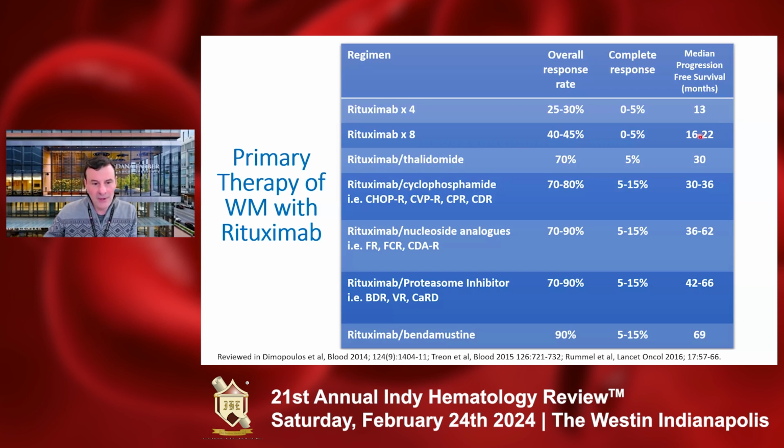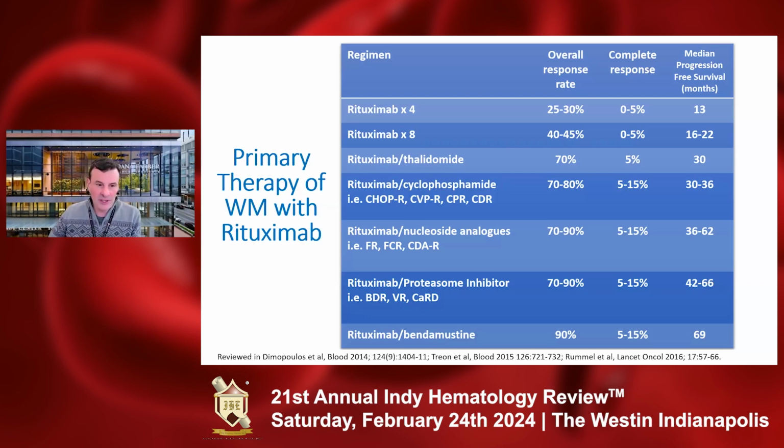But with combination therapies, particularly with proteasome inhibitors, such as bortezomib or Velcade, or bendamustine, you start seeing much higher overall responses, approaching 90%, but still complete responses are fairly lackluster, ranging between 5 and 15%. But the benefit, even so, can be very long, between 4 to 6 years before a patient requires retreatment.